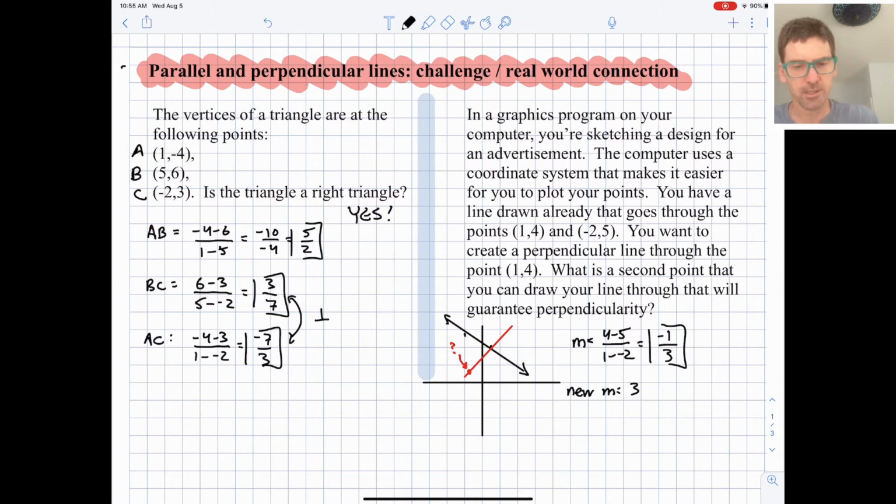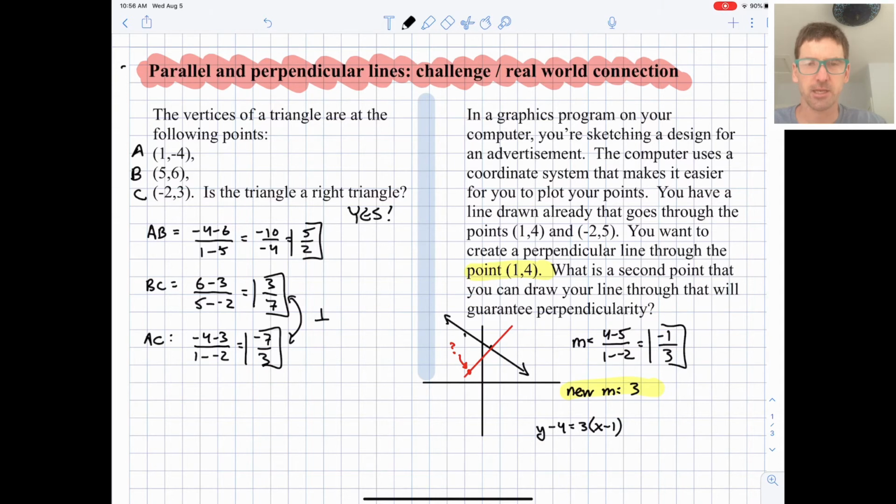And we want it to go through this point with this slope. So might as well just do a point slope form equation. Y minus 4 equals 3 times x minus 1. So there's the equation of our new red line.